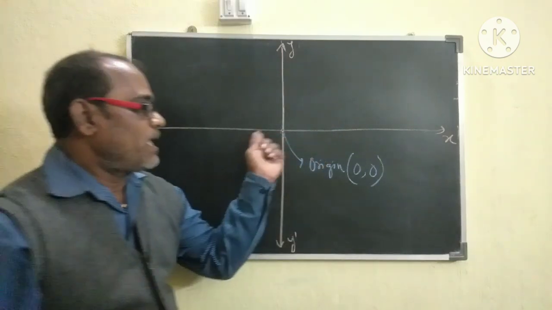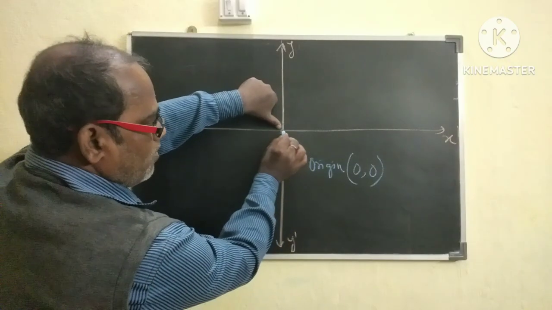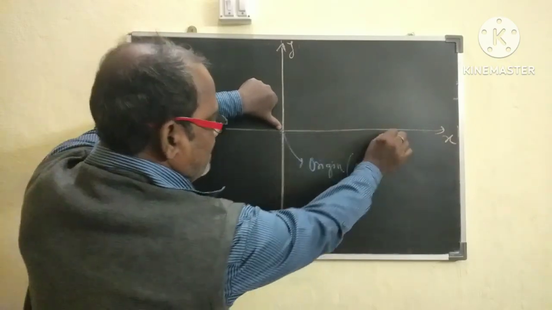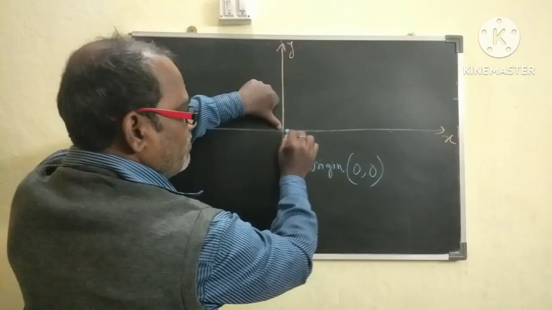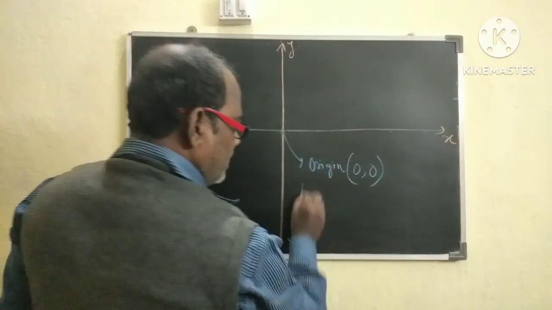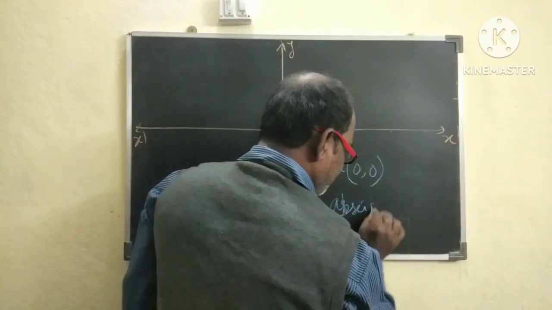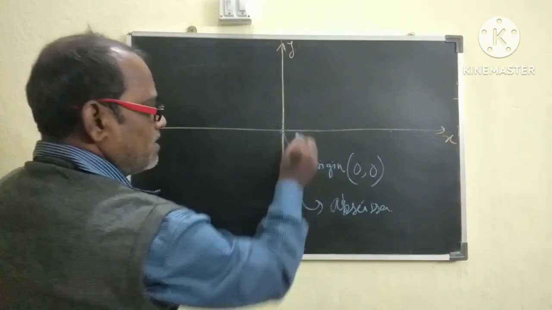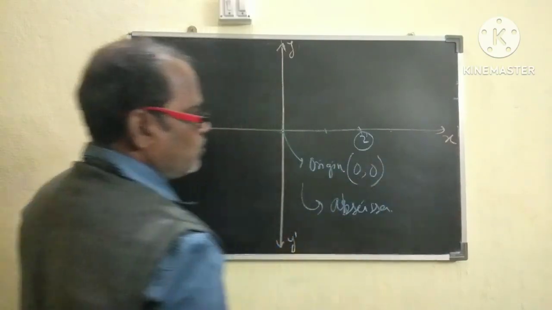Now on the x-axis, when we measure distance from the origin, either towards the right side or towards this side, we say it is abscissa. Suppose here it is 2 units. So here abscissa is 2.